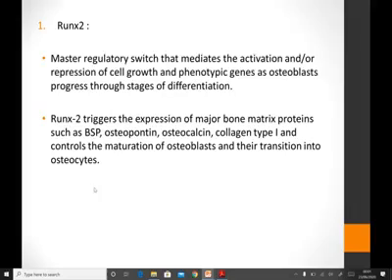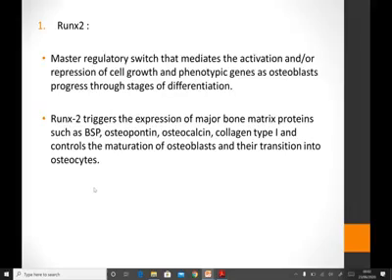Also, this transcription factor triggers the expression of many major bone matrix proteins like sialoprotein, osteocalcin, type 1 collagen, osteopontin, and they control the maturation of osteoblasts and their transition into osteocytes.